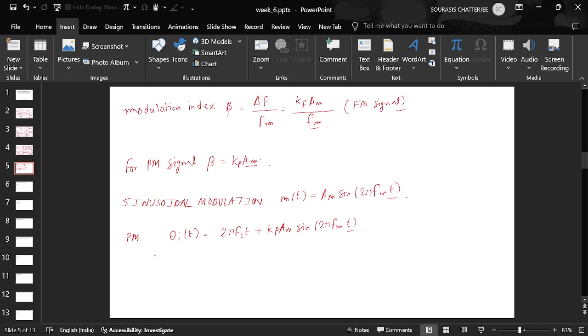And for this phase modulated signal, if I want to get the instantaneous frequency fi(t), it is obtained as follows: 1 over 2 pi d/dt of theta i(t), which is obtained as fc plus 1 over 2 pi kp Am 2 pi fm cos 2 pi fm t.